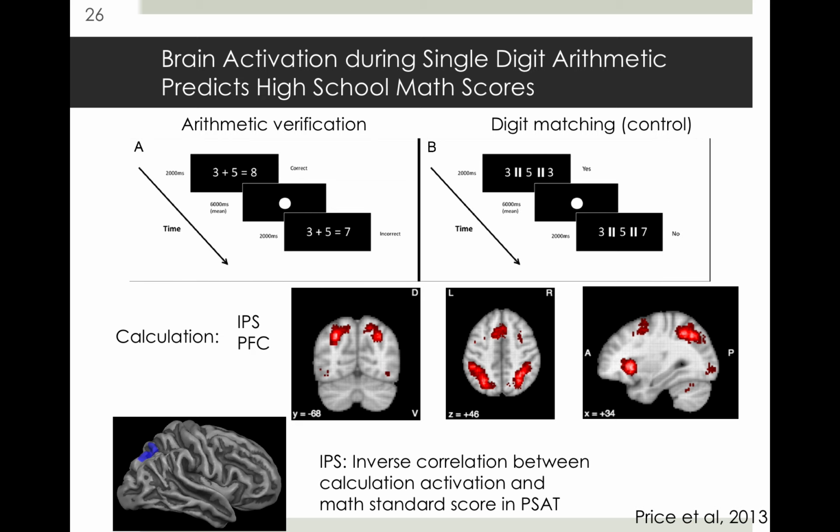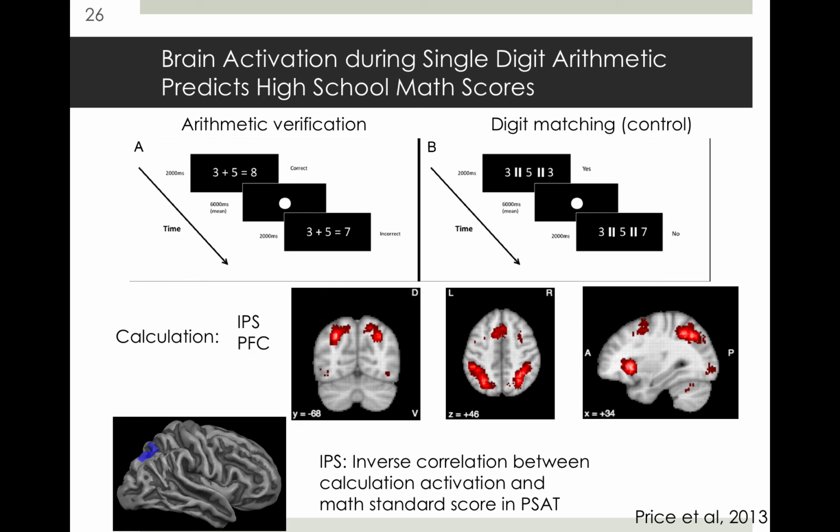And as a control task, you're given these non-mathematical tasks where you're just supposed to look at some numbers and see whether they're the same before and after the mask, which is in between the cue and the target.